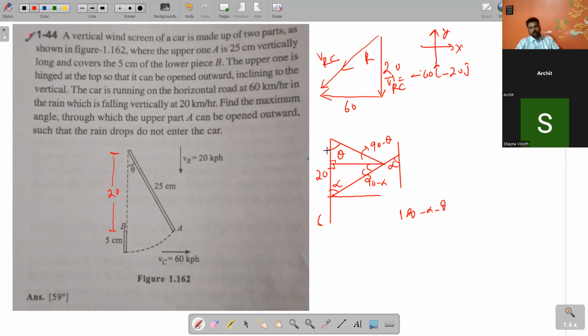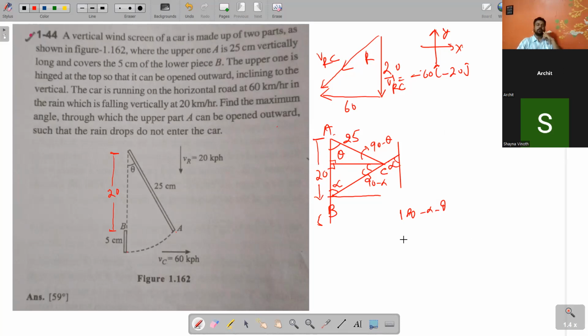Now you know this length. Sorry, we don't need that angle, sir. Okay, let me solve. This is 20 and this length is 25, you know that. So if you see in this triangle A, B and C, you know the sine rule.